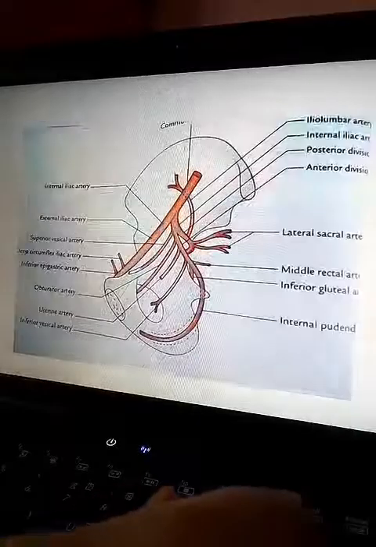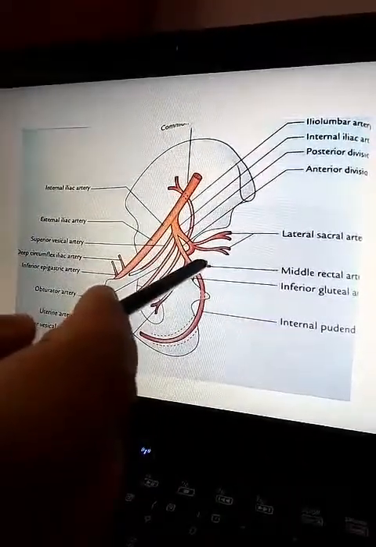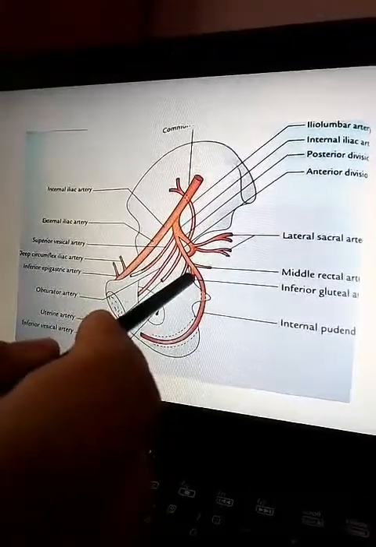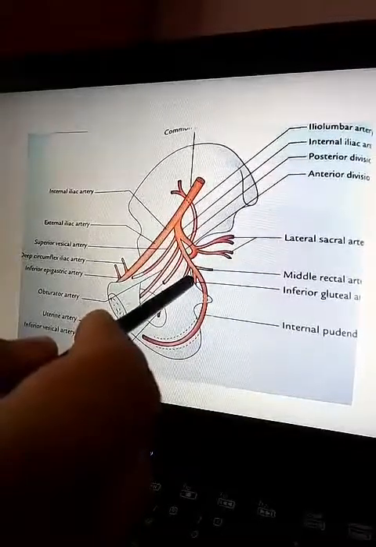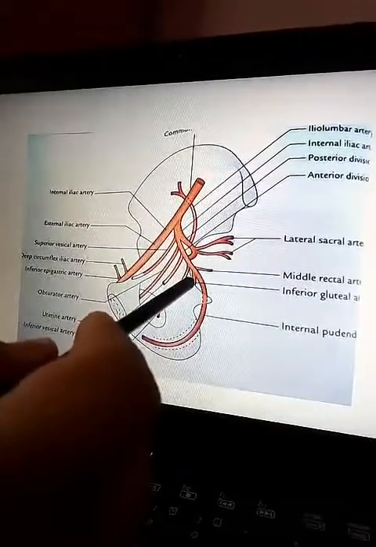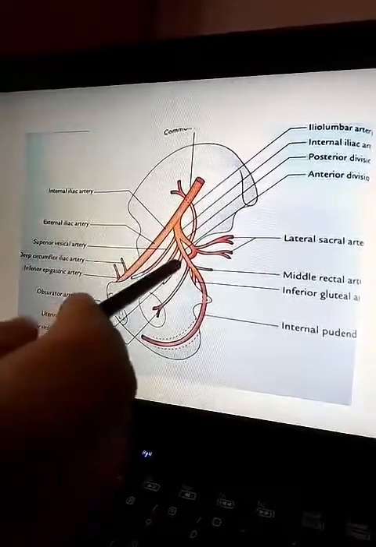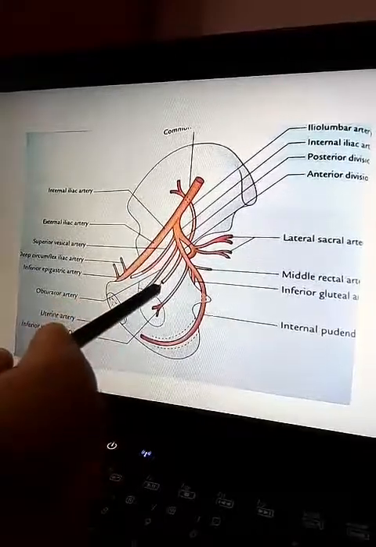It passes posterior-inferiorly between the ventral rami of S1 and S2 to enter the gluteal region through the greater sciatic foramen. Another branch of the anterior division of internal iliac artery is the uterine artery.